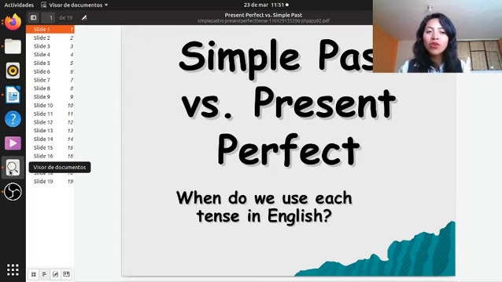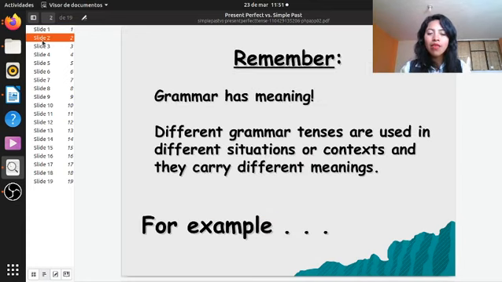Okay, today we are going to check when do we use simple past and when do we use present perfect, right? Here we are going to see some clues so you can recognize them, right? But first of all, I want you to know that grammar has meaning.